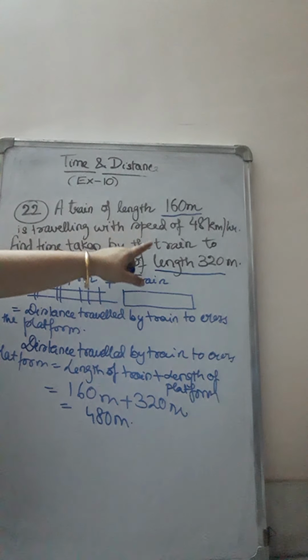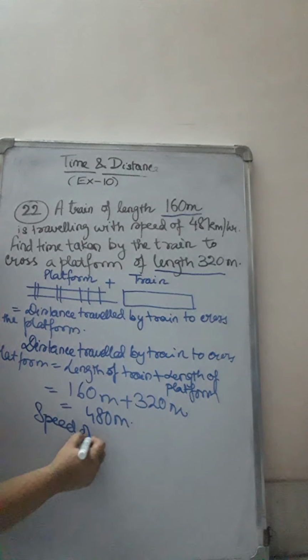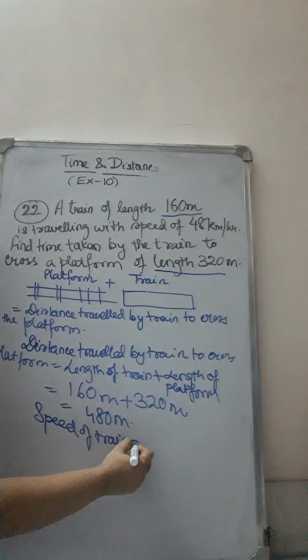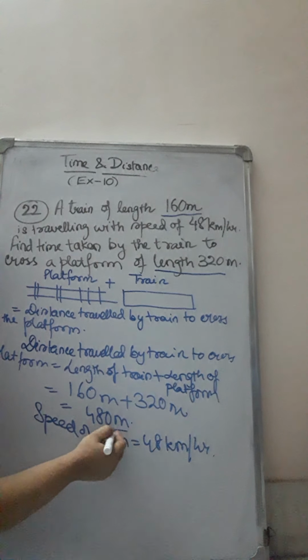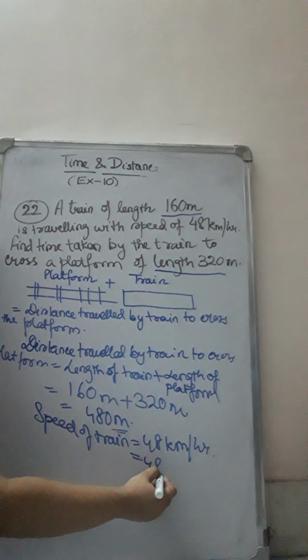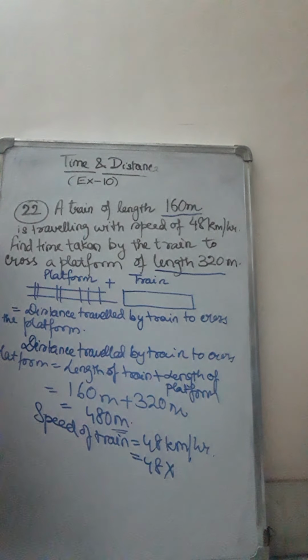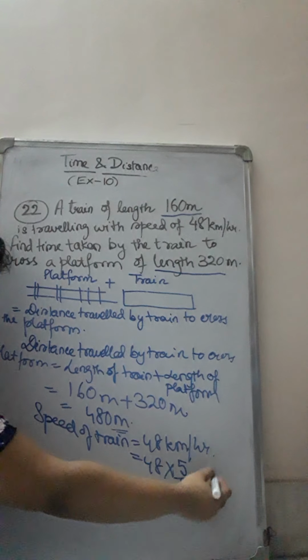The speed is also given, the speed with which the train, a moving object, travels. When it is crossing the platform, the speed noted is 48 km per hour. Now we have to change the unit because the other information is given in the lower unit. So 48 into, when you are changing to the lower unit, it will be the smaller fraction, 5 by 18 meters per second.